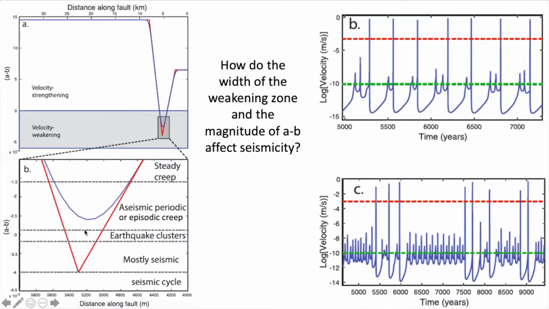So if this peak continues to decrease, we eventually end up in the steady creep regime. And then this regime here is the area where we would have periodic creep events with no earthquakes at all. So the main result here is that smaller, less velocity weakening locked zones generate fewer, smaller earthquakes.